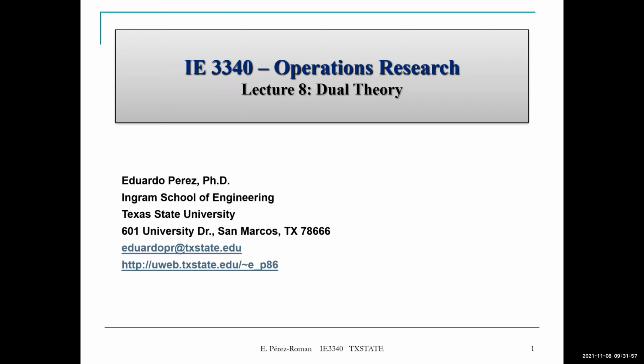In our previous lecture, we were looking at sensitivity analysis and how to study changes in the objective function coefficients, and also how to make analysis and get insights when we change the coefficients of the right-hand side of the constraints.